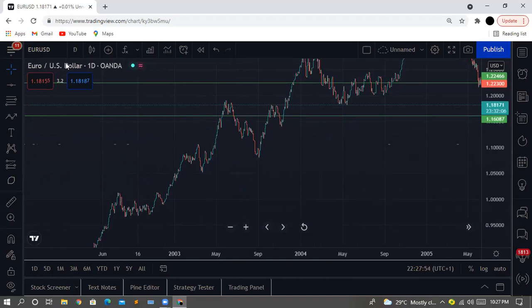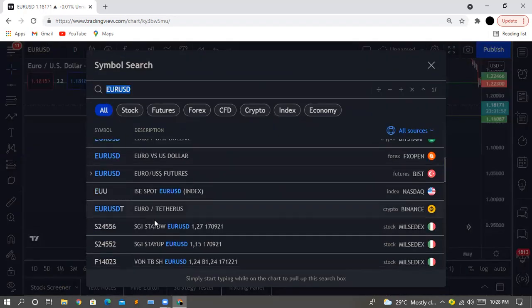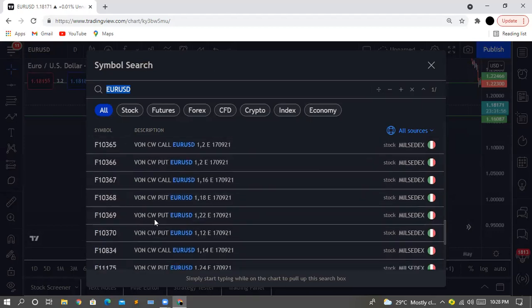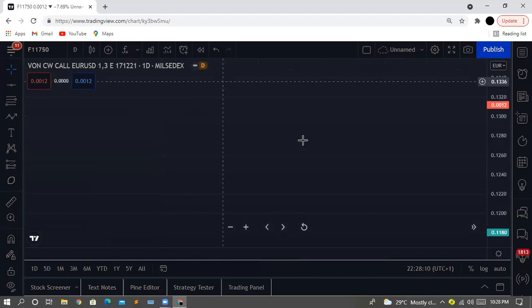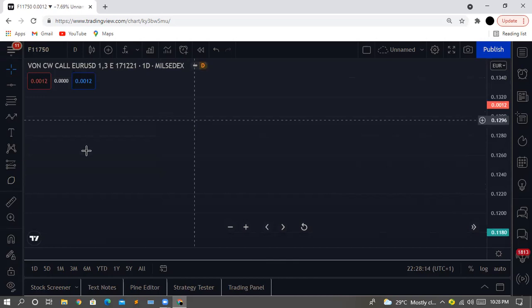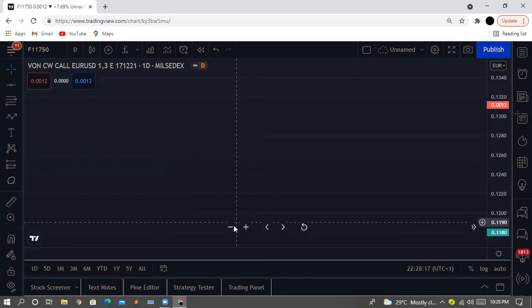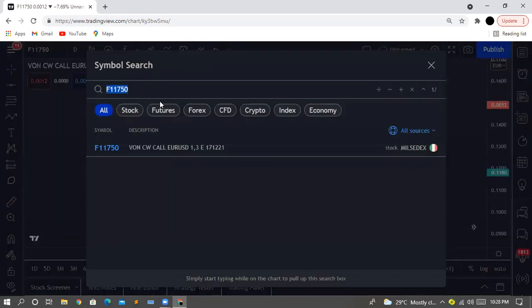So that's about that. Let's try to see another pair. Let's just pick a random pair that maybe we do not even trade. I think this is an indices or something. That's a random pair that we do not trade. This one is not loading. Let's pick something else.